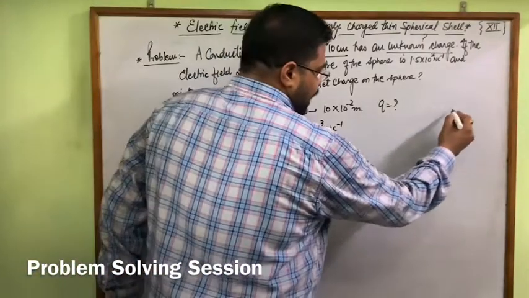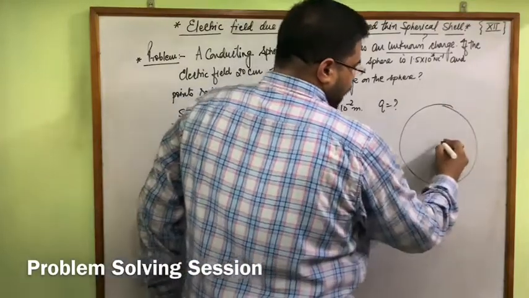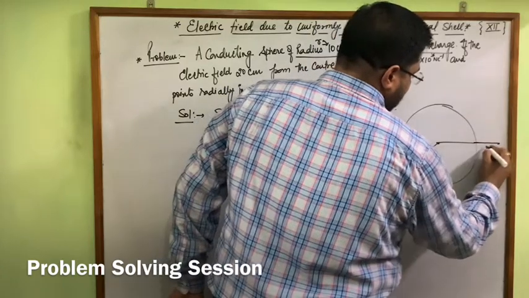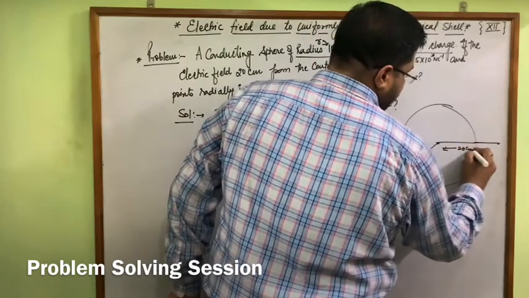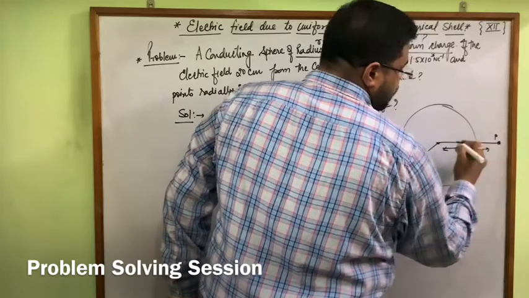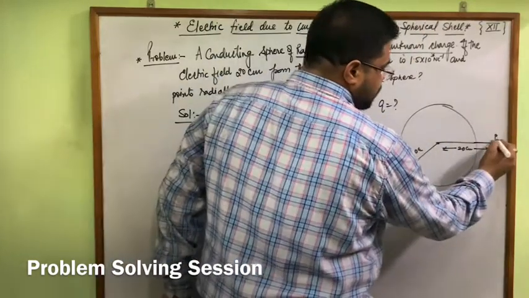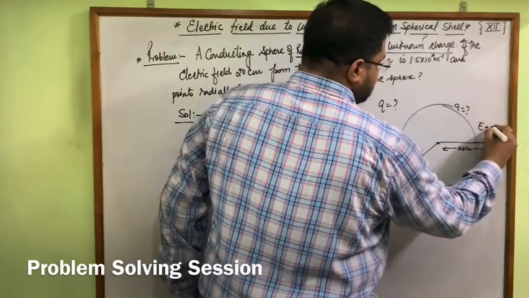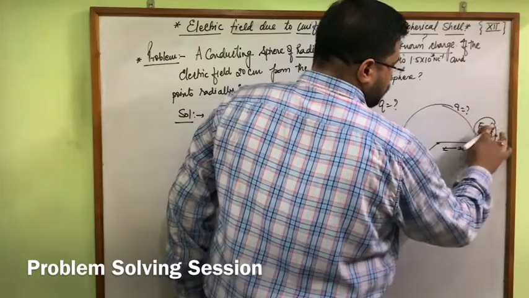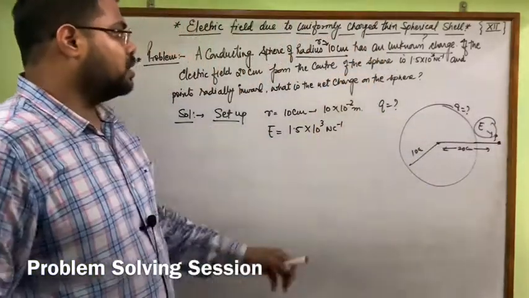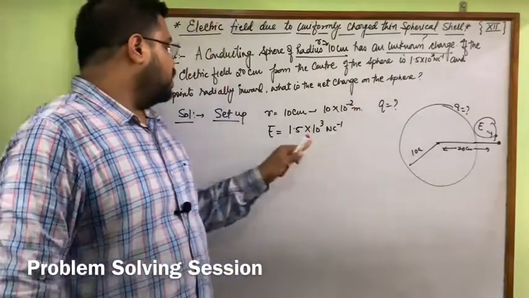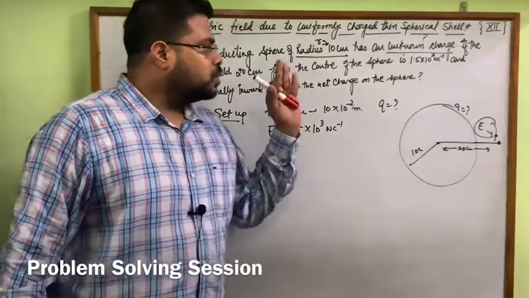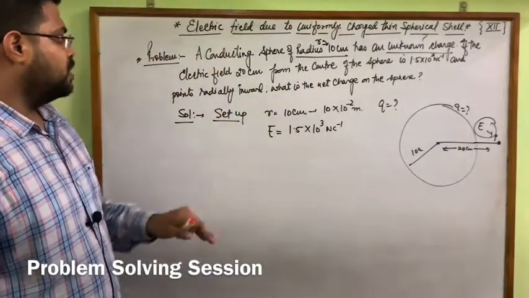So the condition is a spherical shell of radius 10 centimeter, and at a distance of 20 centimeter from the center we have the electric field, while we don't know the charge. The electric field is given as 1.5 into 10 raised to the power 3 Newton per Coulomb, pointing radially inward.